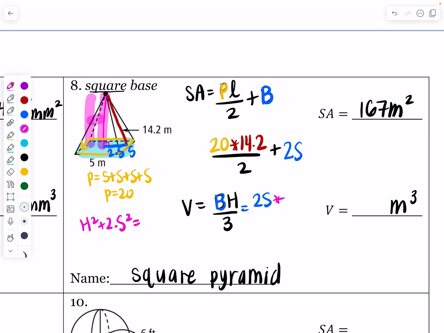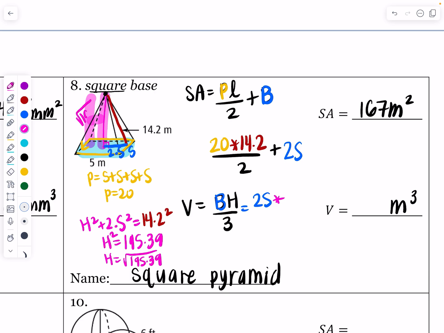Because it's halfway across the square, equals my slanted height squared, which is 14.2 squared. So when we type this in, that's going to be 14.2 squared minus 2.5 squared. And that is going to give me h squared of 195.39. And so h is going to be equal to the square root of 195.39.